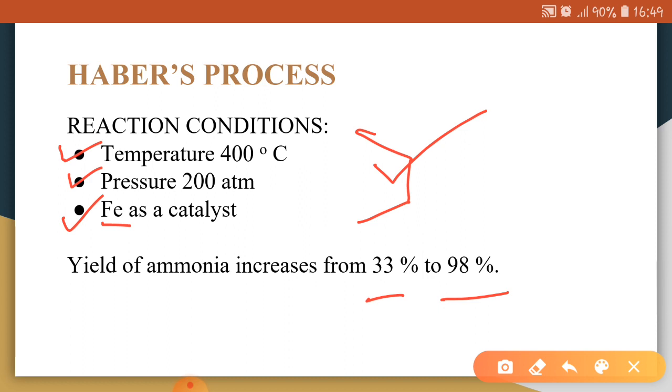We select the reaction conditions based on the effect of changes in conditions on the reversible reaction. We have discussed these effects in the Le Chatelier's principle topic, so we will just apply those changes in conditions in order to increase the yield of the product.